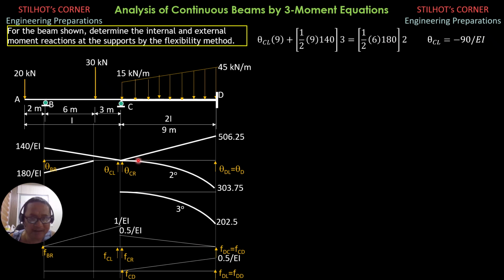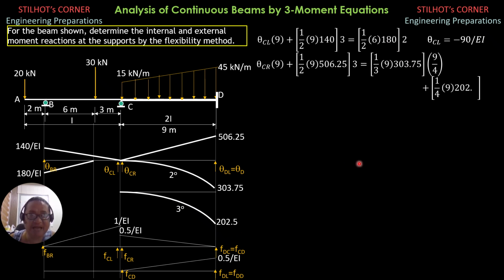So theta C right times 9 plus 1/2 of 9 times 506.25 times 3 equals 1/3 of 9 times 303.75 times 9 over 4 plus 1/4 of 9 times 202.5 times 9 over 5, the moment arm. Simplifying, theta C right is equal to negative 7,047 over 16 EI. Theta C therefore is theta C left plus theta C right, and that is equal to negative 8487 over 16 EI.